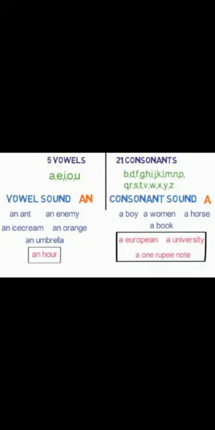Here the Y sound is being heard. And the next example, a 1 rupee note. Here O is a vowel, but it is sounded as V or W. So we use a in front of these sounds of alphabets or vowels.